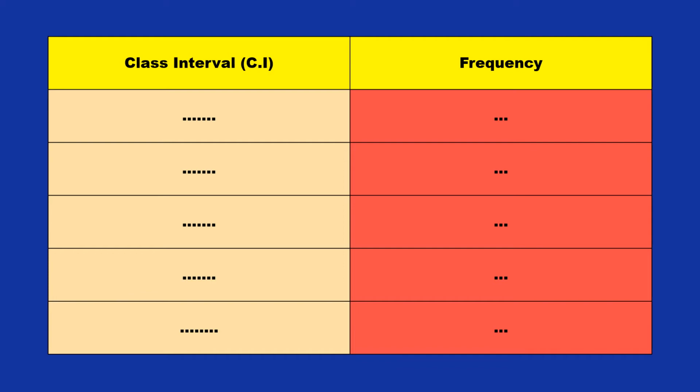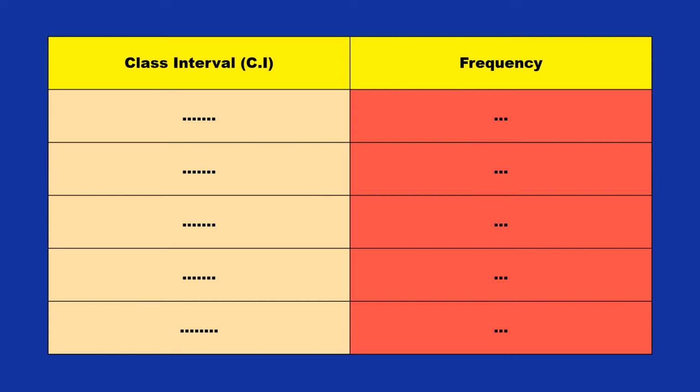I have given the table format because you should know where the terms of the formula come from. First is L, next F1, F0, F2 and H. The main thing to remember in the mode table is that only 2 columns will be there, and these 2 columns will be given in the question only. No need to worry about this.